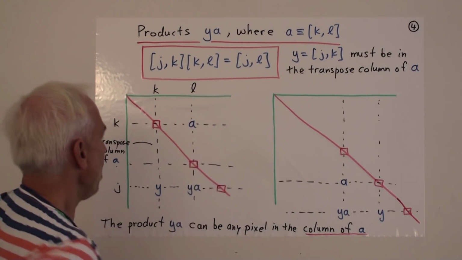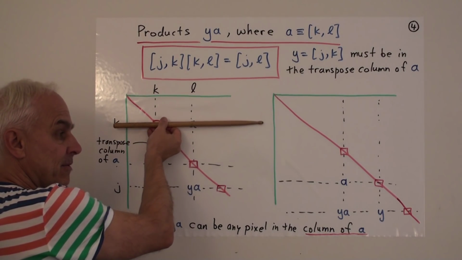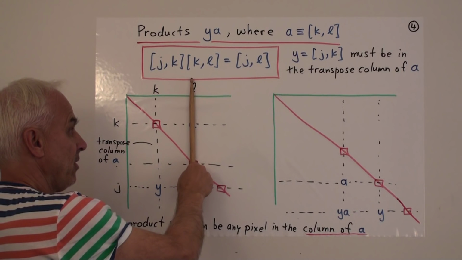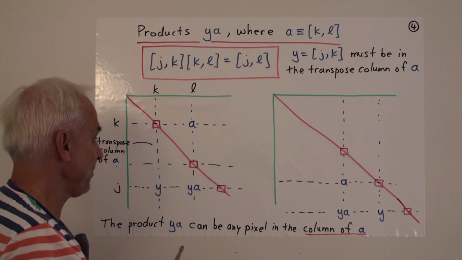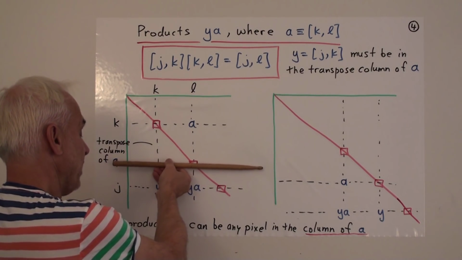So let's have a look at the geometry, in this case here where A is up here. Here's the row of A. Here's the column of A. Here is the transpose row of A that we've already looked at in our last slide.